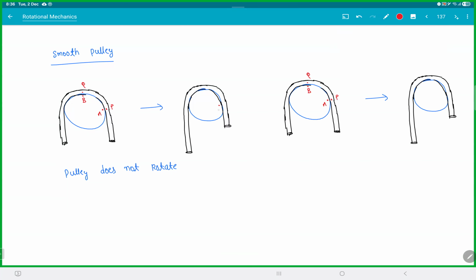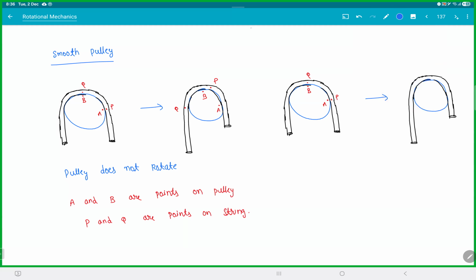So the smooth pulley, now A will be here, B will be here, but now P will be somewhere here and Q will be somewhere here. You're getting how it is? The rope is moving. So A and B are points on the pulley and P and Q are points on the string. This is what we have been doing so far in all of NLM and everywhere.